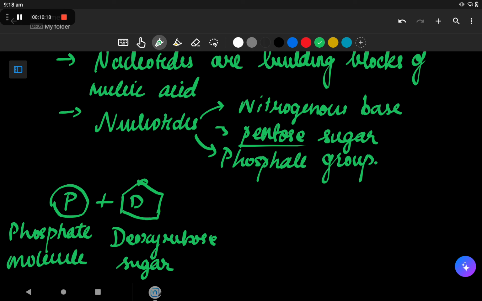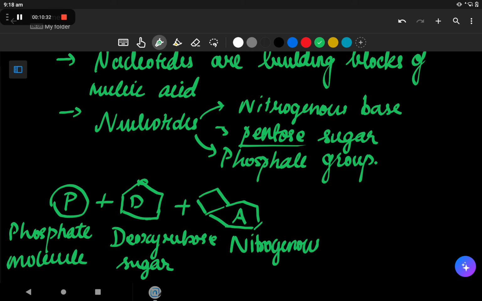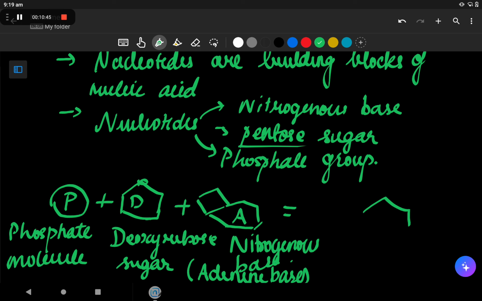Phosphate molecule, deoxyribose, plus this is what is called the nitrogenous base. In this case, I am considering the adenine base. So all together it will form a structure like this.